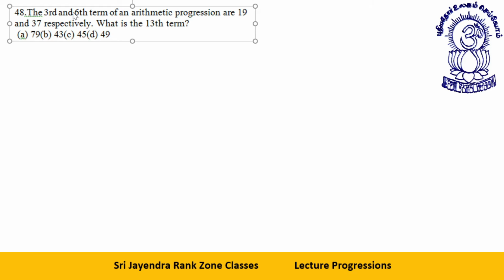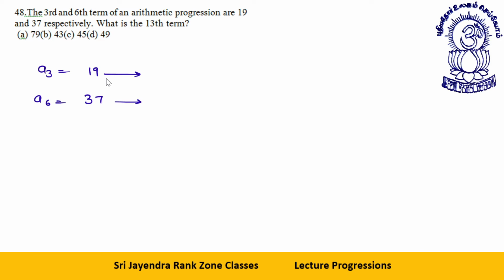The third and the sixth term of an arithmetic progression are 19 and 37 respectively. What is the 13th term? See, you have A3 is 19, A6 is 37. What is the 13th term? Dear students, very easily you can say A3 is A plus 2D, A6 is A plus 5D.